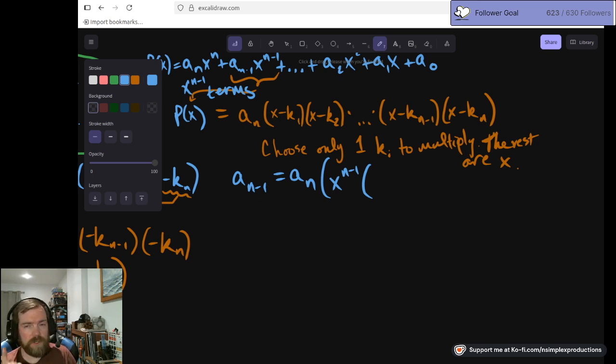If it's only choosing one of the k's, then that k is going to have a negative in front of it, so it will always be negative. And then it's going to be the sum of all individual k sub i, i goes from 1 to n.